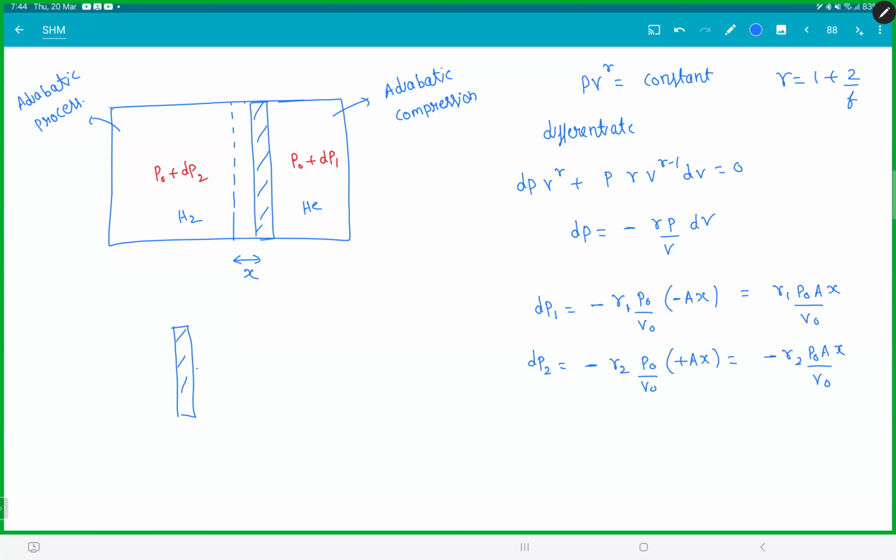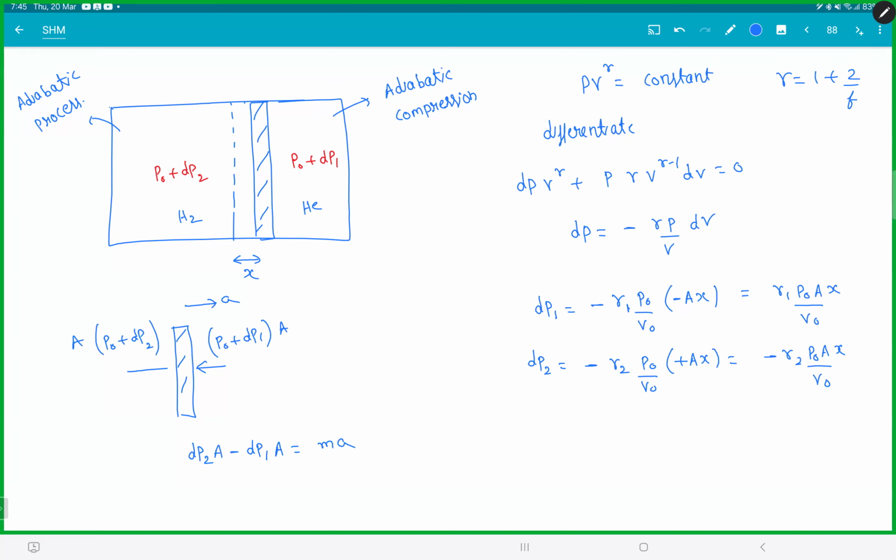So this side the force is P naught plus dP1, and this side the force is P naught plus dP2. Let the acceleration be a. P naught times area will cancel. Then we end up with dP2 area minus dP1 area is equal to mass into acceleration.